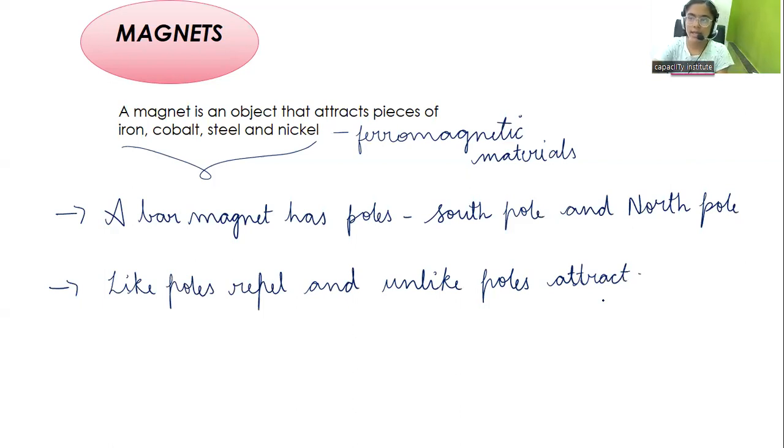Now check. These two are the like poles. We all know what like poles are. Like poles are the similar or the same poles. In this magnet, I am talking about the south and here also south. See what is happening? Are south and south attracting? There's no attraction between south and south. Now north and north, there's no attraction.